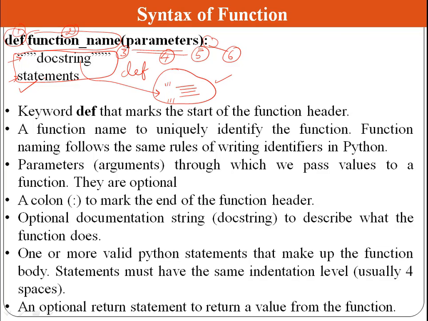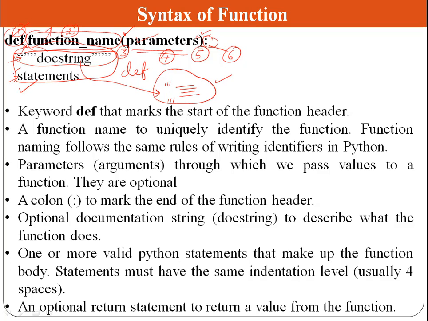You have the keyword def, then a space, after the space the name of the function, then the open parenthesis, where you write the parameters or arguments to be passed, then the parenthesis is closed, and then a colon. After that, the docstring is optional, so if you want to write a docstring, you write it in a particular way, and then you have the statements that are part of the body of this function.